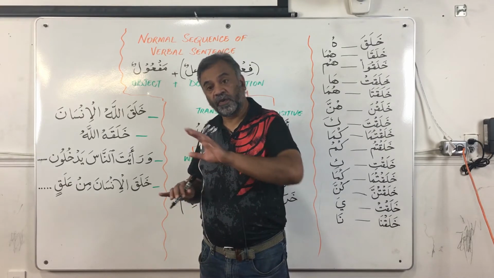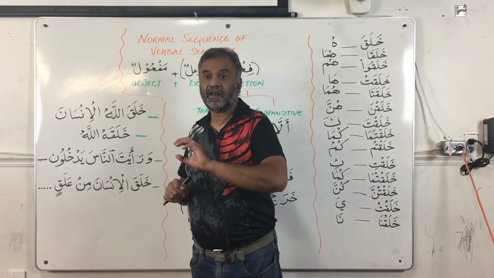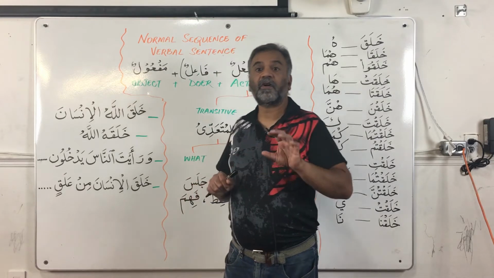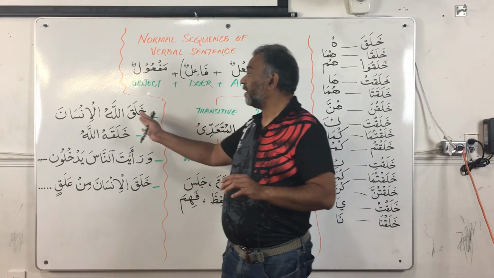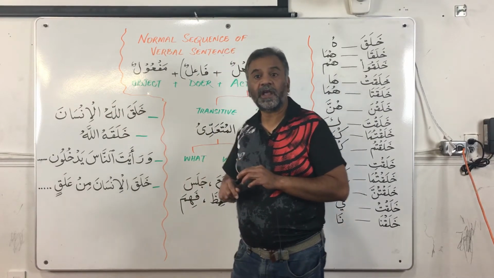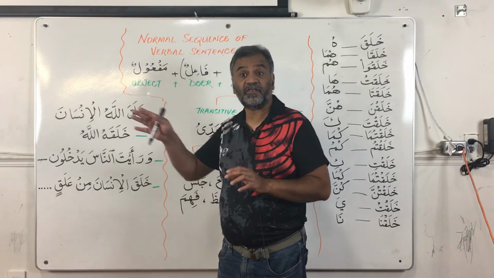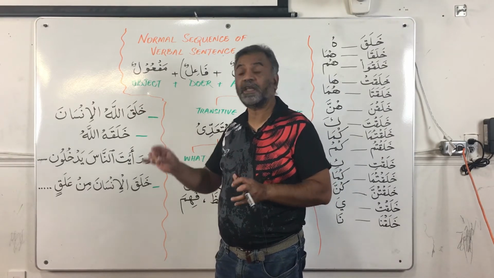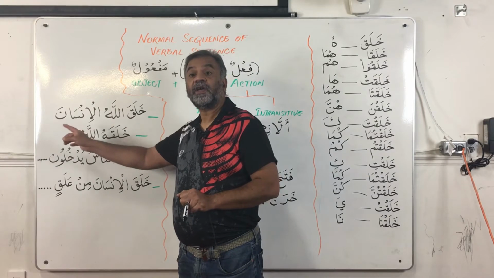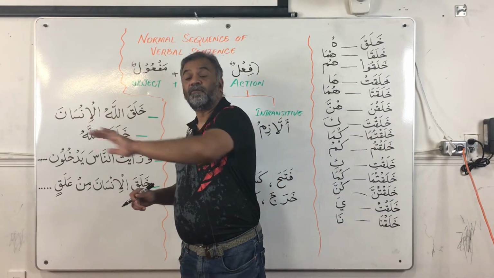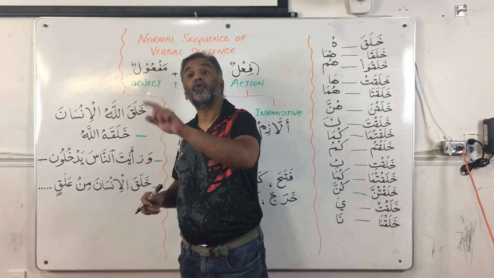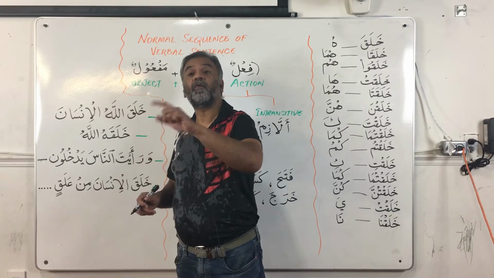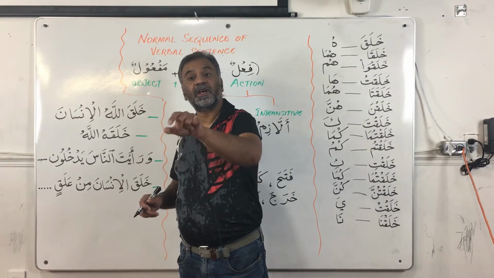So when we read the Quran and we come across a verb, we identify the fail, and then if it's a transitive verb or al mutaaddi, we also identify the maf'ulun bihi or the object, on whom or on what the action has been performed.